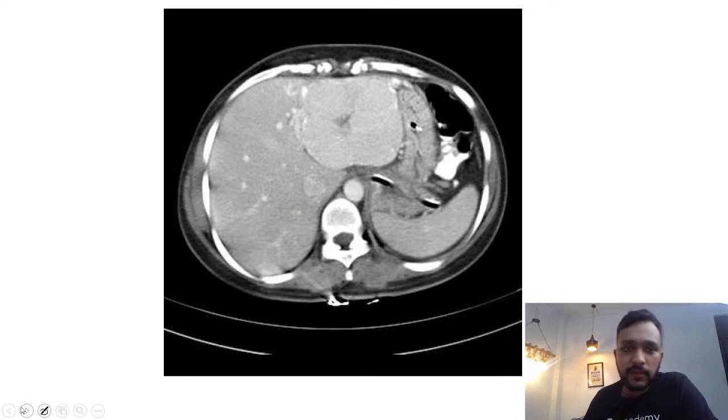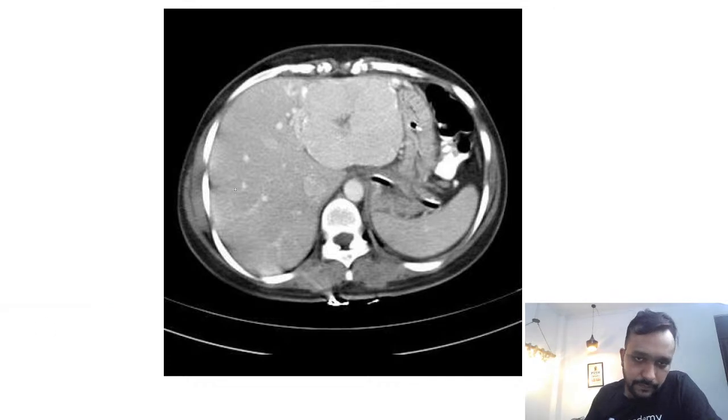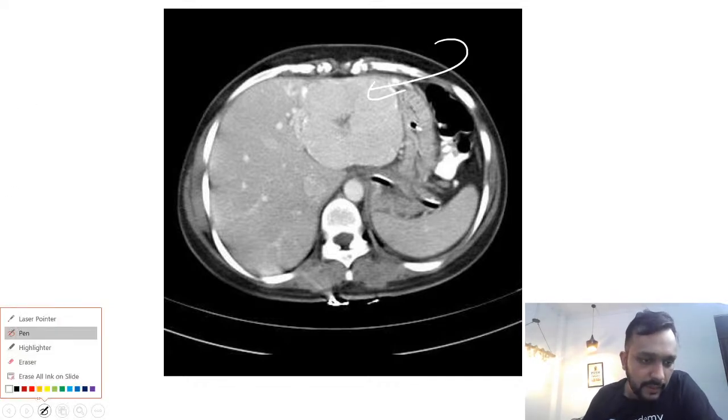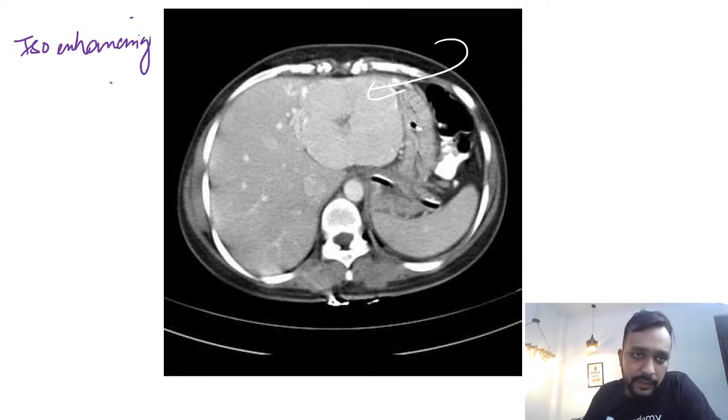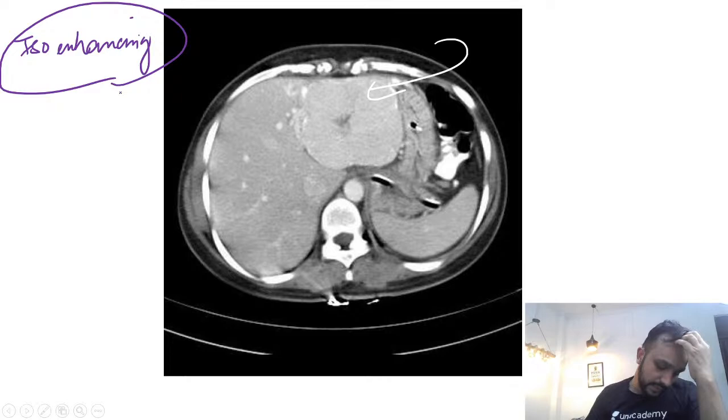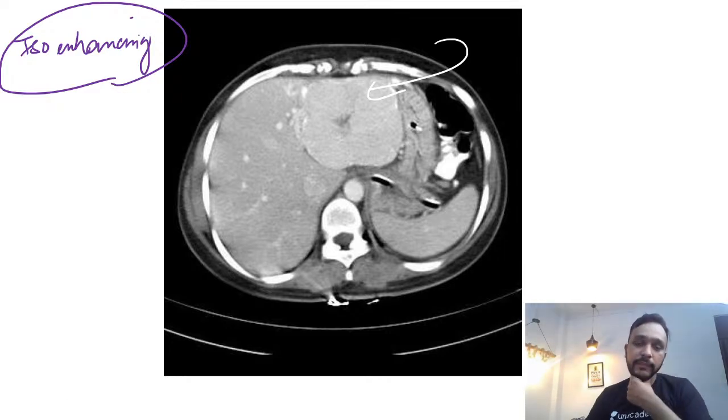Now guys, moving on to few other images. In this image, we can see that there is an iso-enhancing lesion. Iso means it is having a similar enhancement as compared to that of the liver parenchyma.